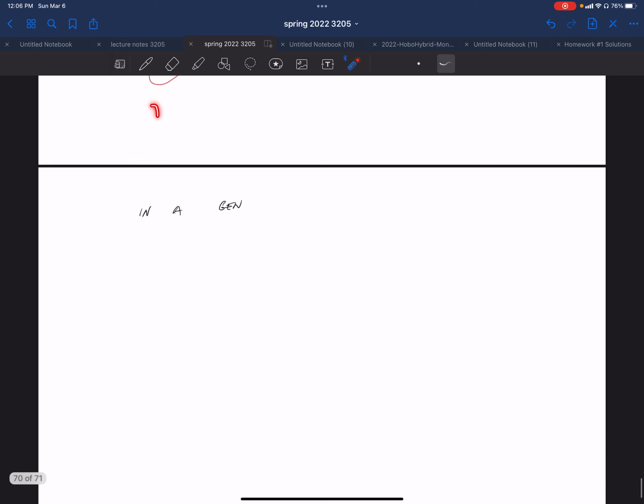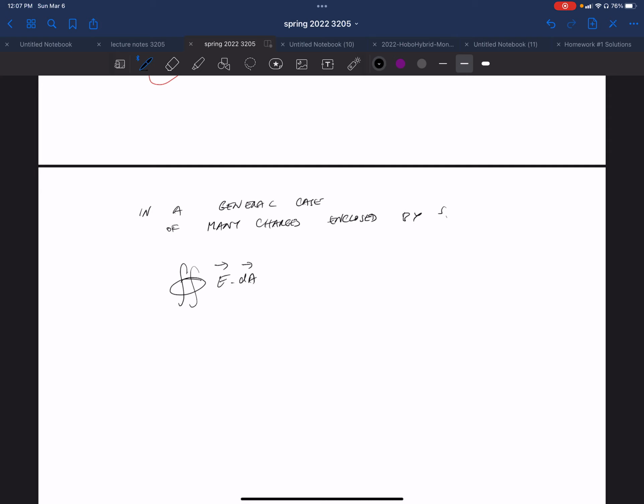So in a general case of many charges enclosed by S, I would end up with the surface integral of E dot dA equal to, let's say you had n charges, the sum of Q sub i over epsilon naught, over the surface S.